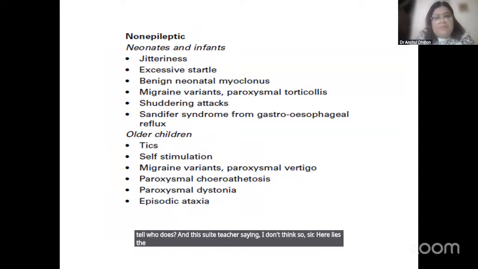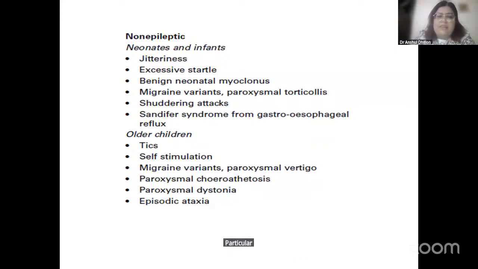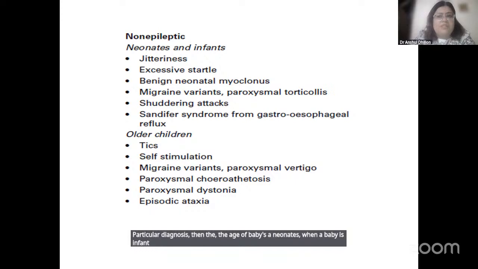The non-epileptic movements have a specific age-related diagnosis: when the babies are neonates, infants, toddlers, in childhood, and in adolescence and teenagers.